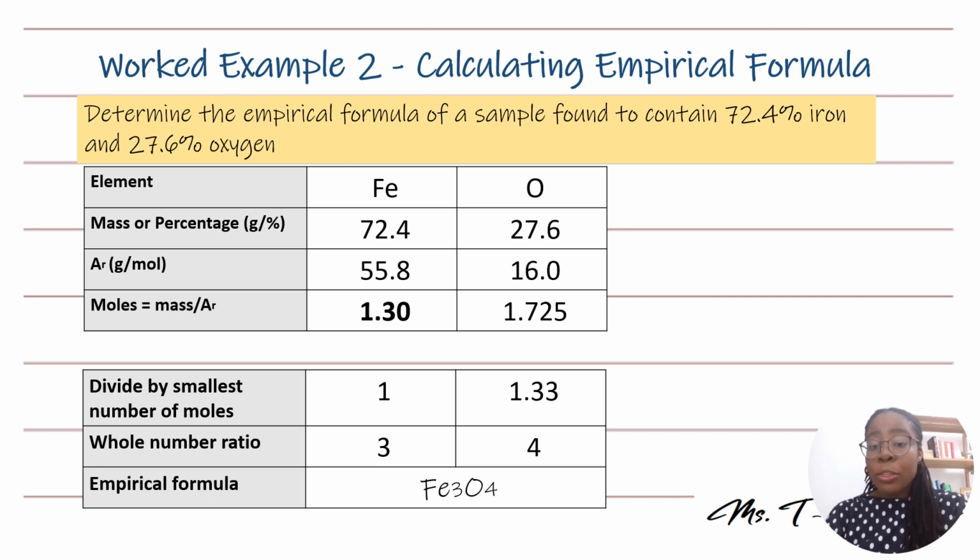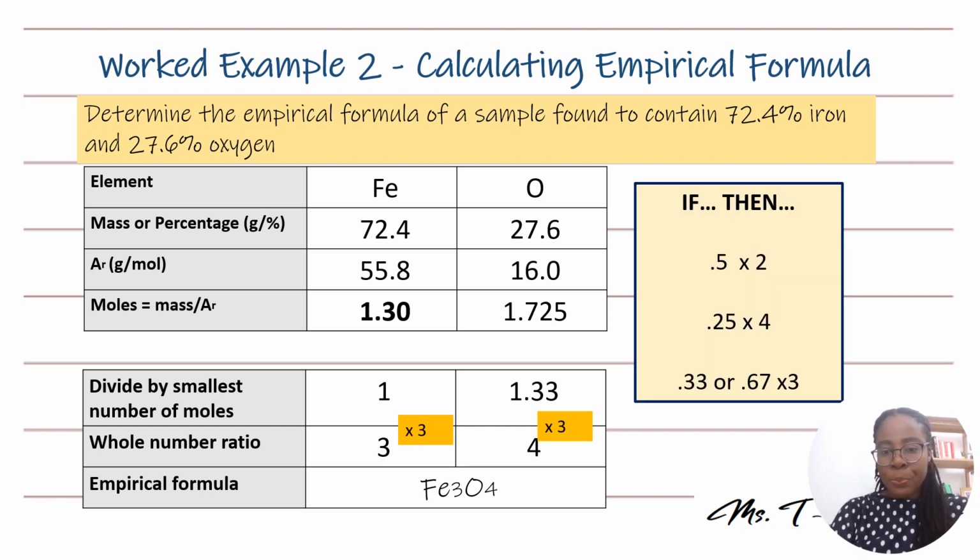Now, 1.33 is not close enough to 1 to round down, so we need to multiply that by 3 in order to get to the whole number. And if you multiply that by 3, you have to multiply the other one by 3 as well, which gives you a ratio of 3 to 4. So our empirical formula is Fe3O4.